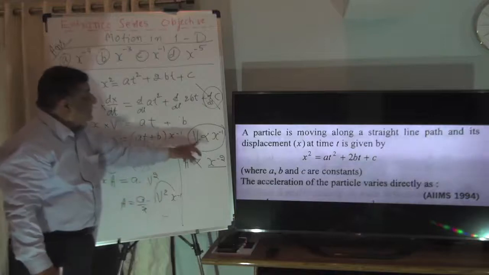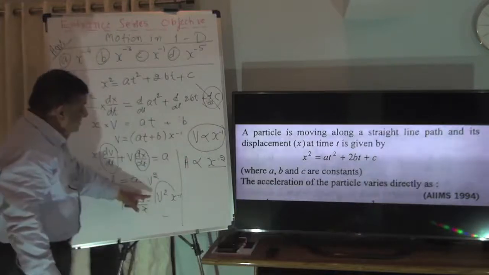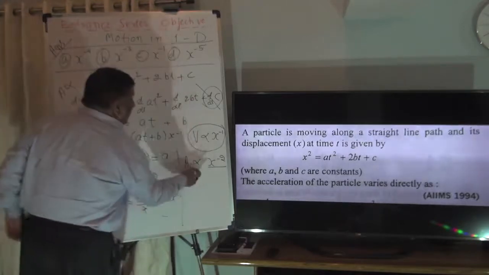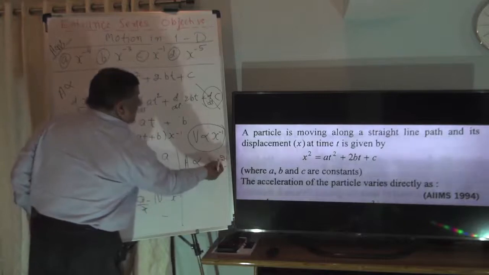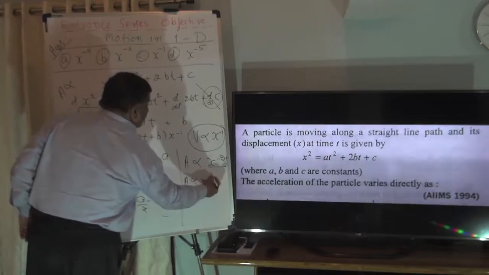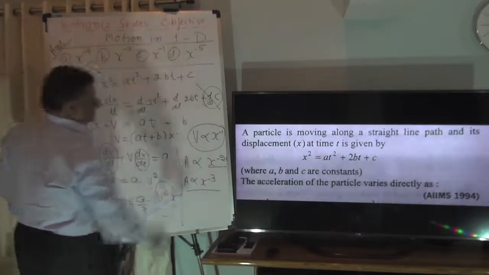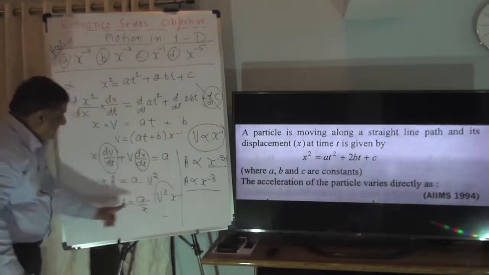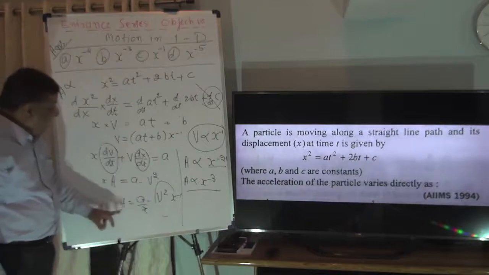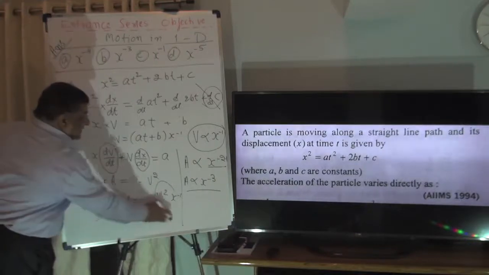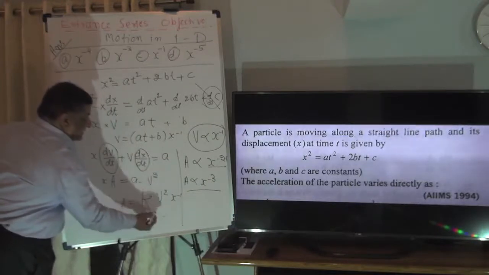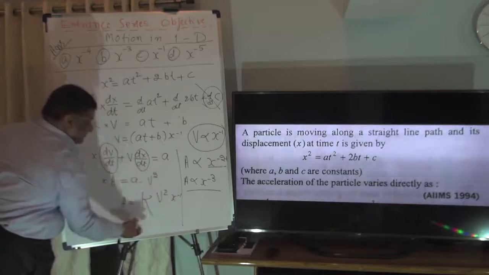Now v itself is proportionate to x to the power minus 1. So this is x to the power minus 2 and x to the power minus 1. So A is proportionate to x to the power minus 3. This variable affects the value of acceleration. A is constant, so all other constants we are not concerned with, we are concerned with the variable.